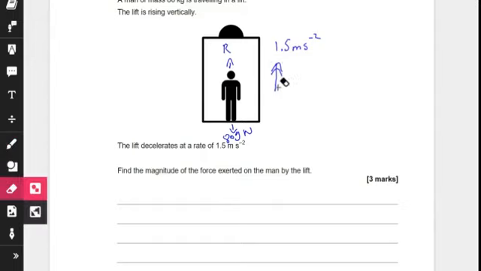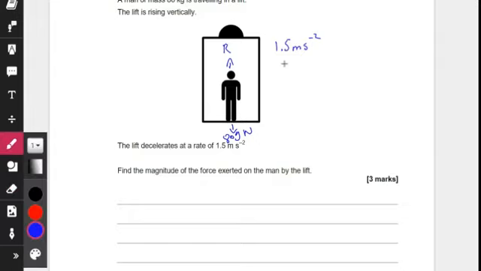So if it's rising but decelerating, the acceleration is actually in the opposite direction. Thanks for that, Ben. So I guess we can pick up to be positive and down to be negative, because I know you guys like that consistency.